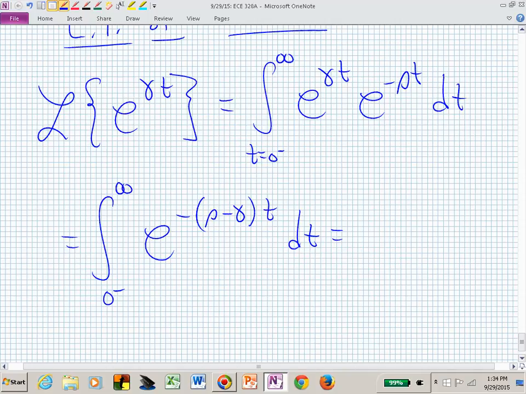What's this integral? If it was the integral of e to the u du, what would that be? It would be e to the u, wouldn't it? But now we don't have just u, we have some combination of variables. We now have 1 over minus s minus, whoops, that's a gamma, not an alpha, gamma, e to the minus s minus gamma t, evaluated at 0 minus and infinity.